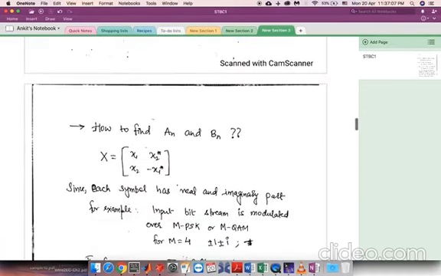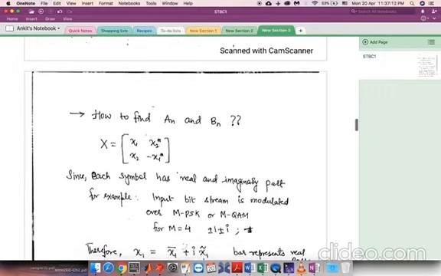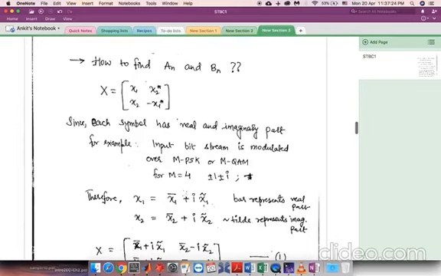Now let's see how to evaluate A_n and B_n of this matrix. Each symbol has its real part and imaginary part. The input bit streams are modulated over MPSK or MQAM. For example, for M equals 4, the symbols are 1 plus i, 1 minus i, minus 1 plus i, and minus 1 minus i.